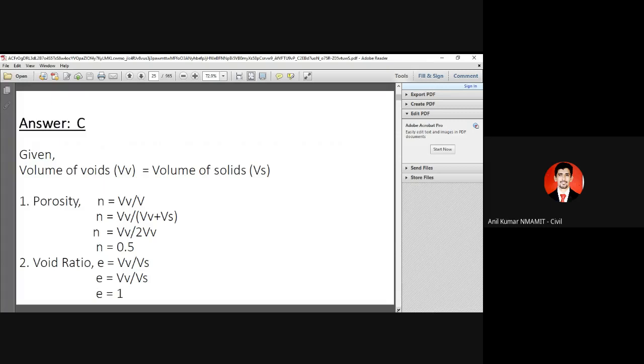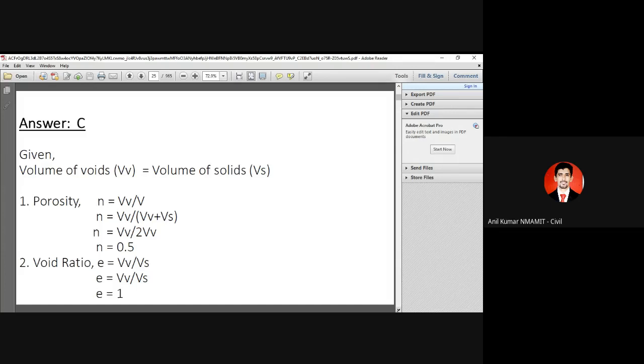Porosity is given as Vv by V, or n is equal to Vv by Vv plus Vs. Why? The total volume is Vv plus Vs plus Va. You have done the three-phase diagram, which says total volume V is equal to volume of voids plus volume of solids.